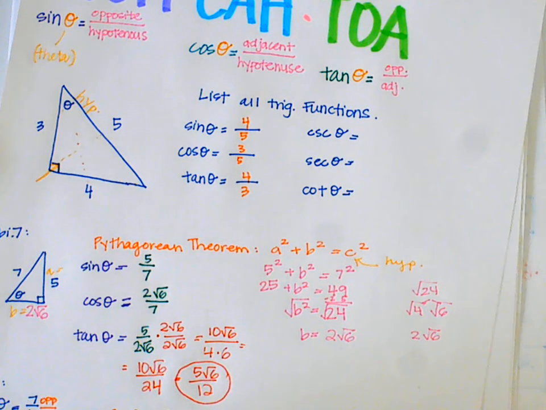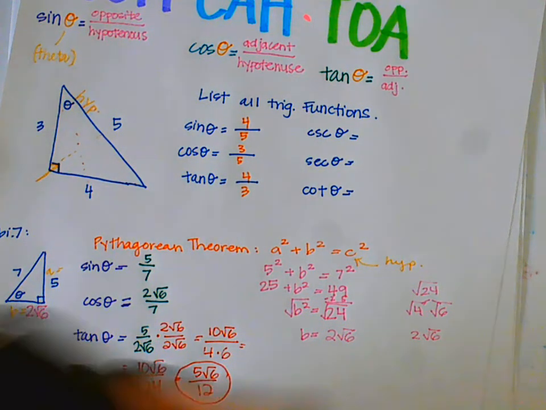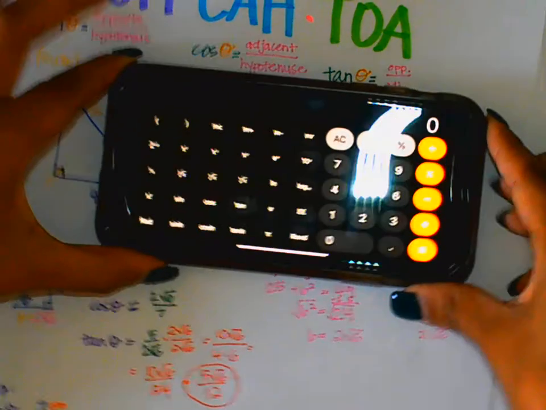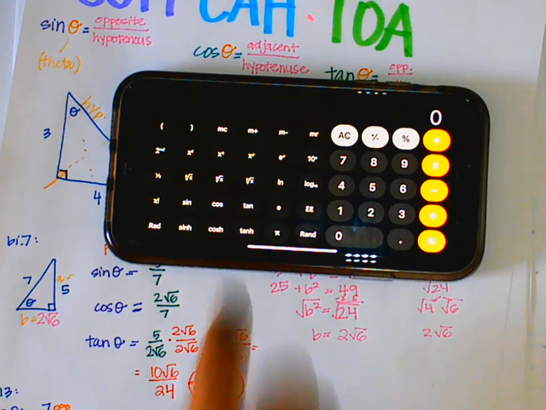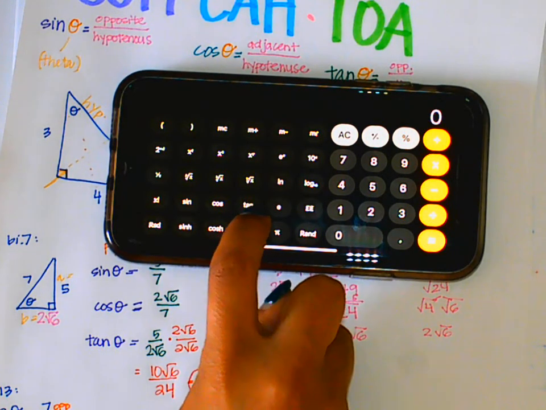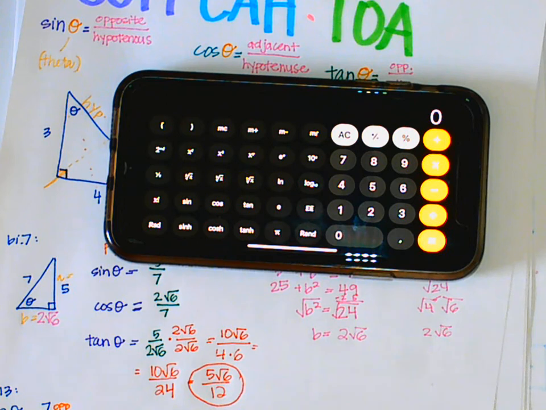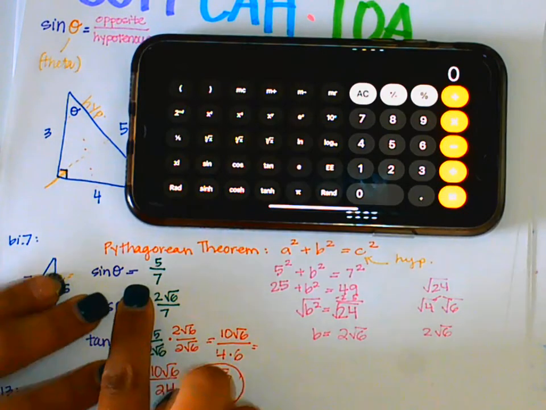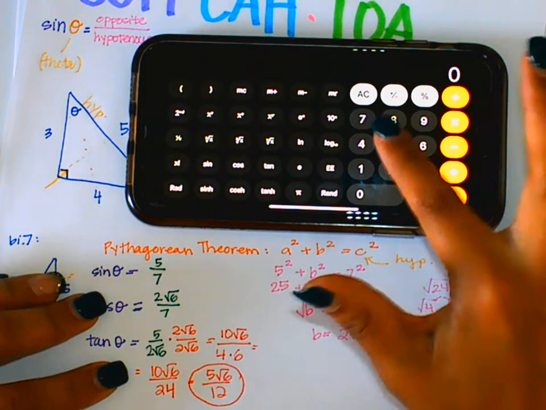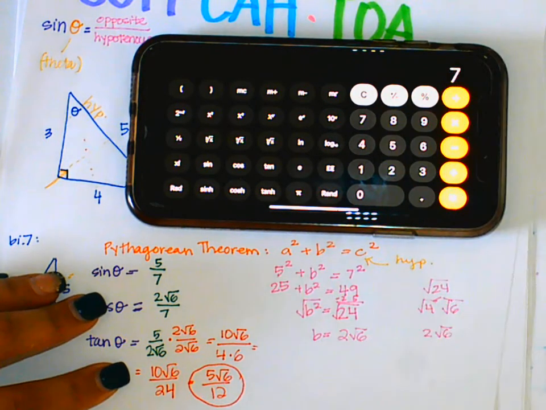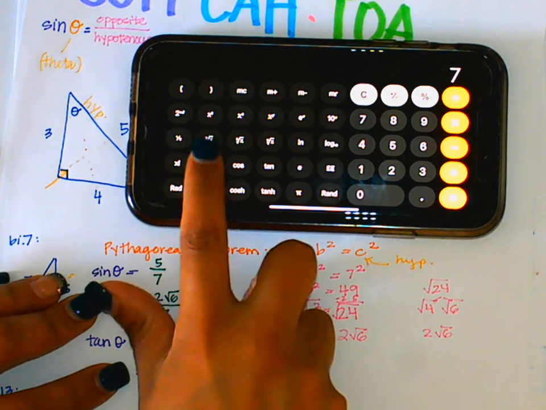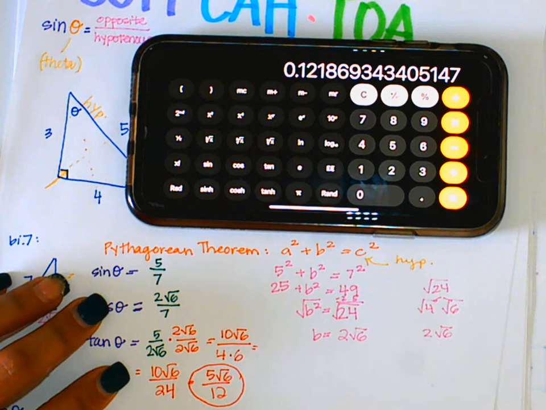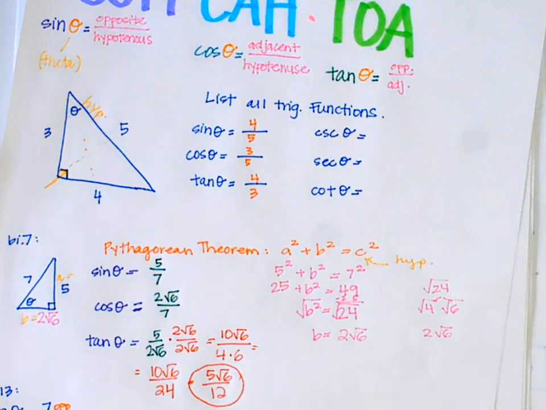Oh, I think it had to be unlocked, right? You flip it sideways and it looks like this. So you notice that you have sine, cosine, and tangent there. If it were to ask you for a decimal, I'm just going to do this one because it's here. So you would do 5/7 first, and then you would take the sine of it, and you would get that. Okay, so that kind of does the sine, cosine, tangent portion of it.